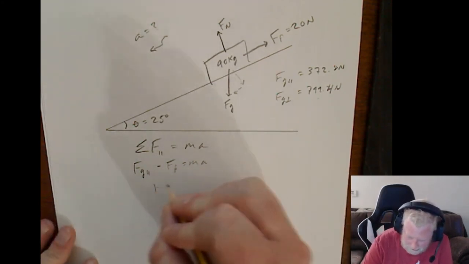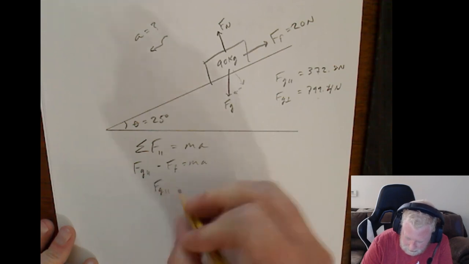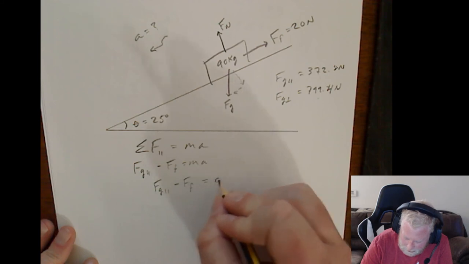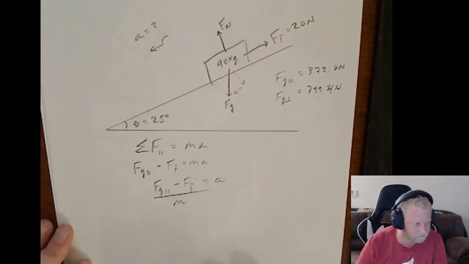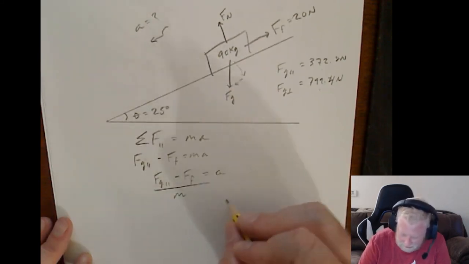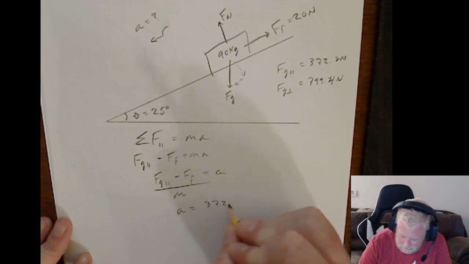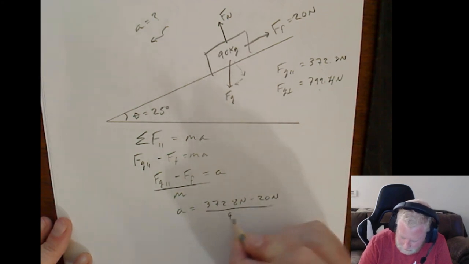So if we rearrange this, we get FG parallel minus force friction over mass is equal to acceleration. So your acceleration is equal to 372.8 newtons minus 20 over 90 kilograms.